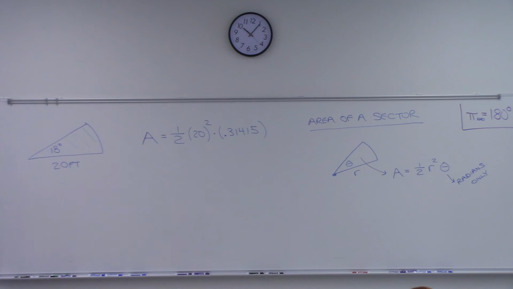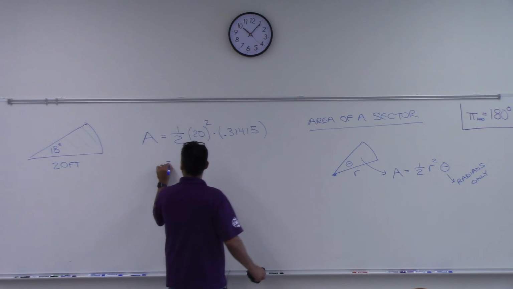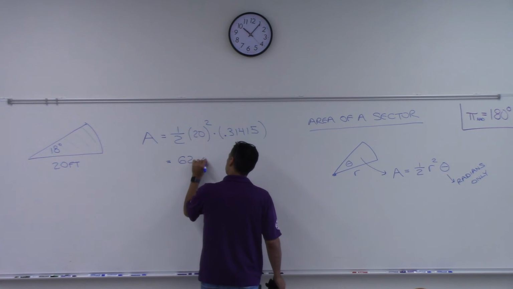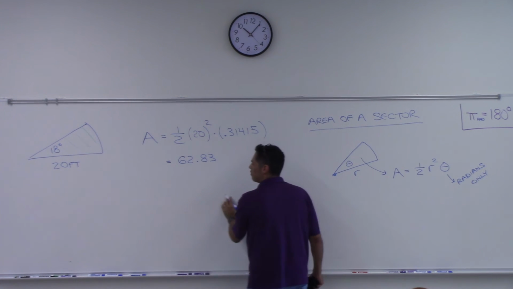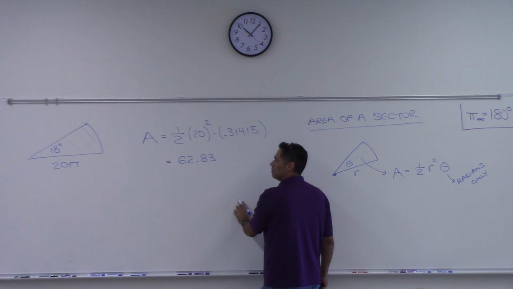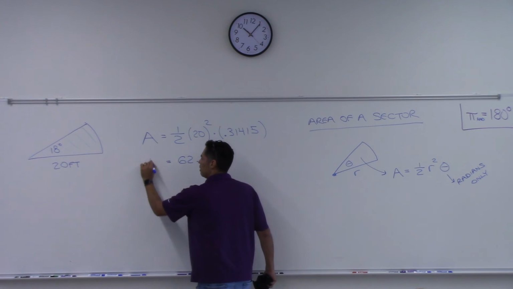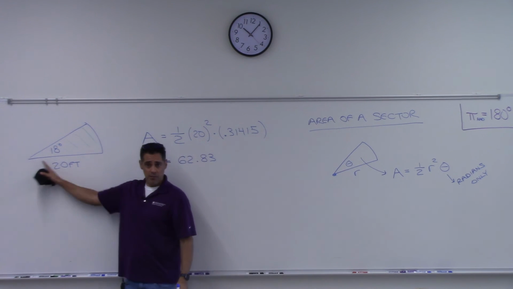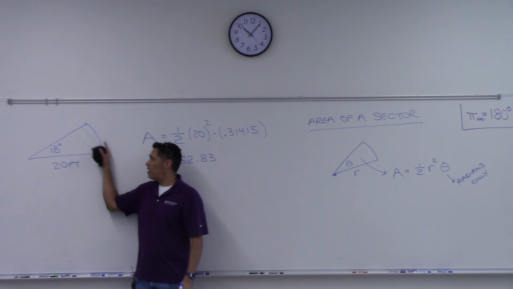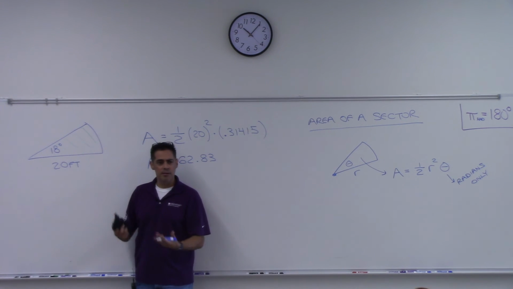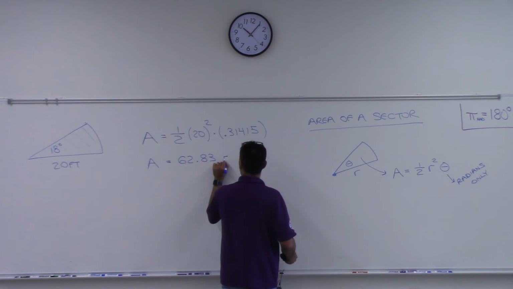You get 200, multiply that times the 0.31415. 62.83. 62.83 what? A measuring area, right? And this was 20 feet, right, for the length. So if we measure area, it should be the unit here, but what? Squared. So square feet.